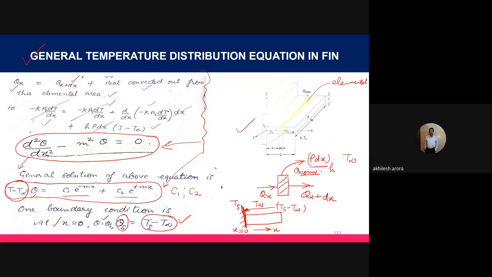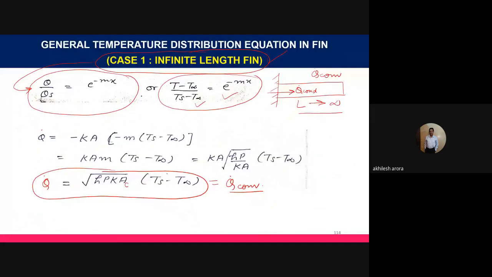If you have been asked to solve the problem for two cases simultaneously, in that case you can derive the temperature distribution equation only once and then apply the different boundary conditions. But if you are given a particular case and you are asked to derive the expression for a fin of finite length, then once again you will have to start from here, and then you will apply the boundary conditions.